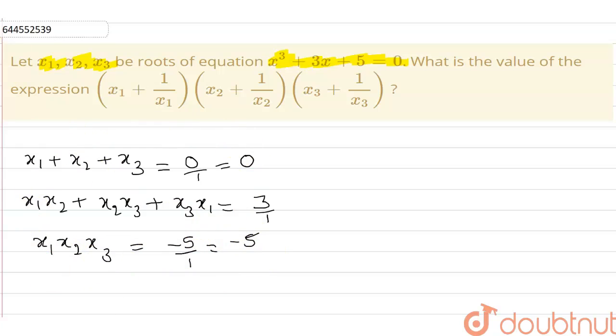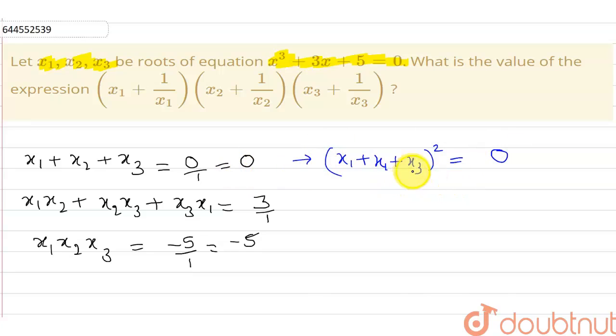Now let's square these terms. If I square the first equation, let's see what happens. This is a plus b whole square, so if I square both sides, this will give me x1 plus x2 plus x3 whole square equal to 0. I have just squared this term.